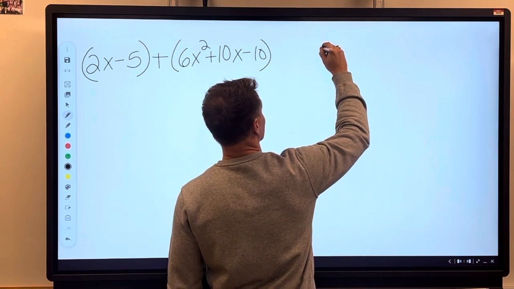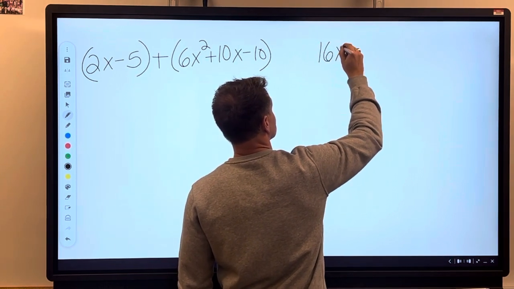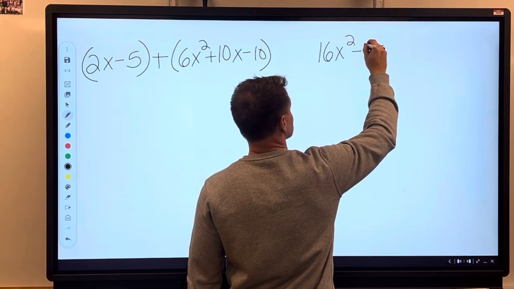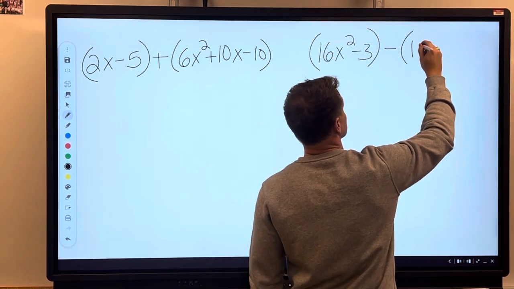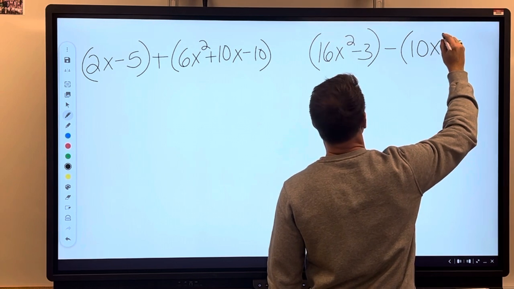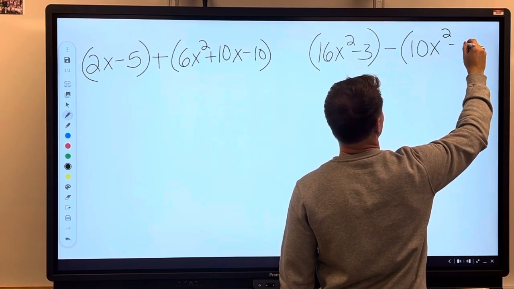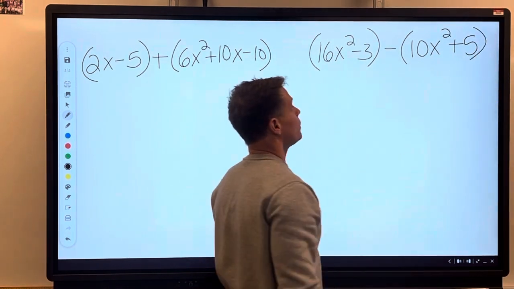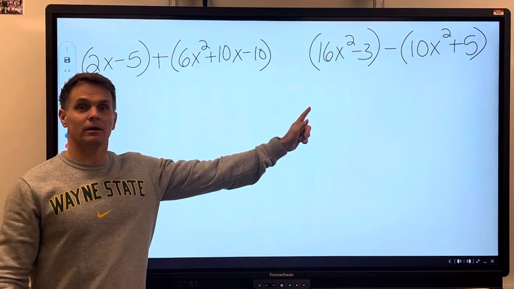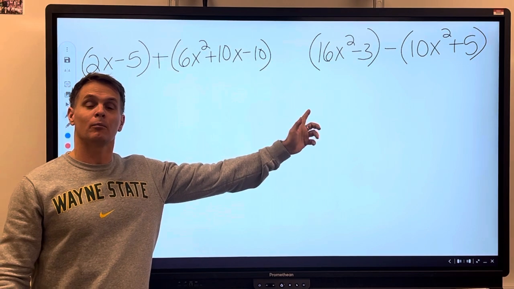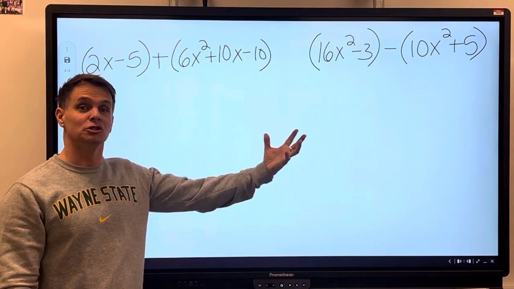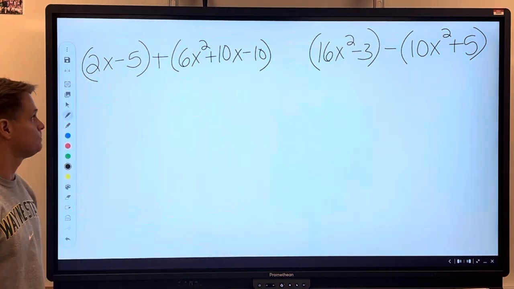Let's say we have 16x squared minus 3 minus 10x squared plus 5. Go ahead and try those two, press the pause button, and then when you're done, press the play button. I'm going to do them, and let's see if we had the same answer.